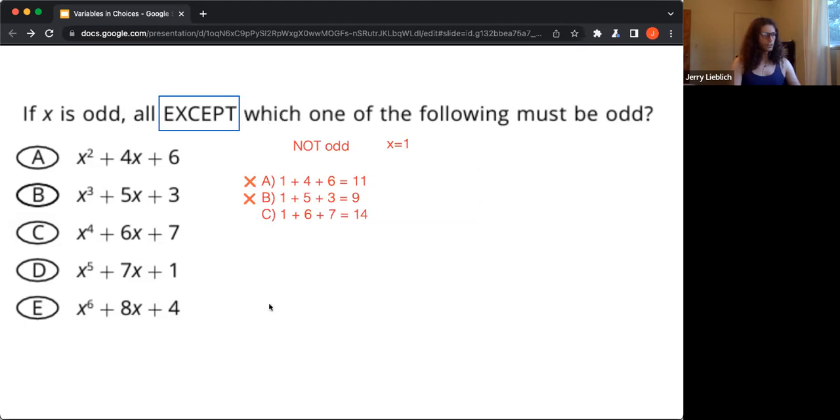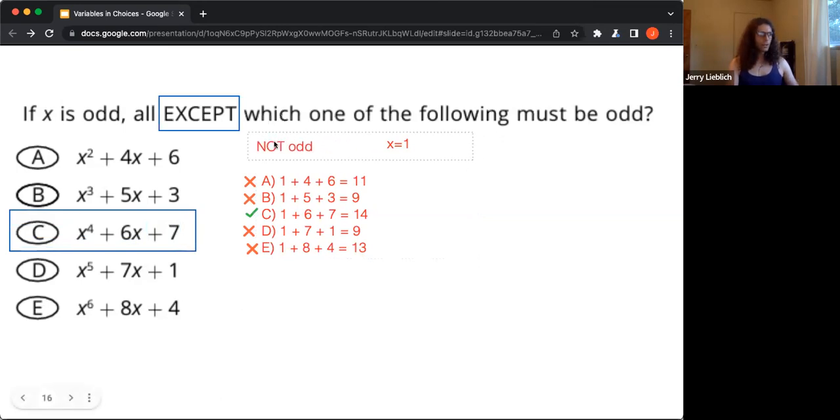Aha, looks good. But I'm going to keep going just in case. 1 plus 7 plus 1, 9. Nope. And 1 plus 8 plus 4 gives me 13. Excellent. So I only have one answer, and that answer is C.